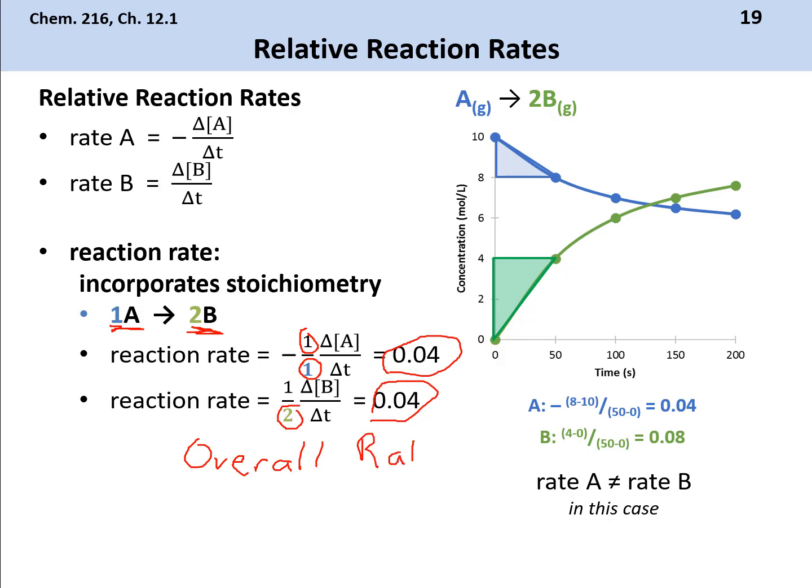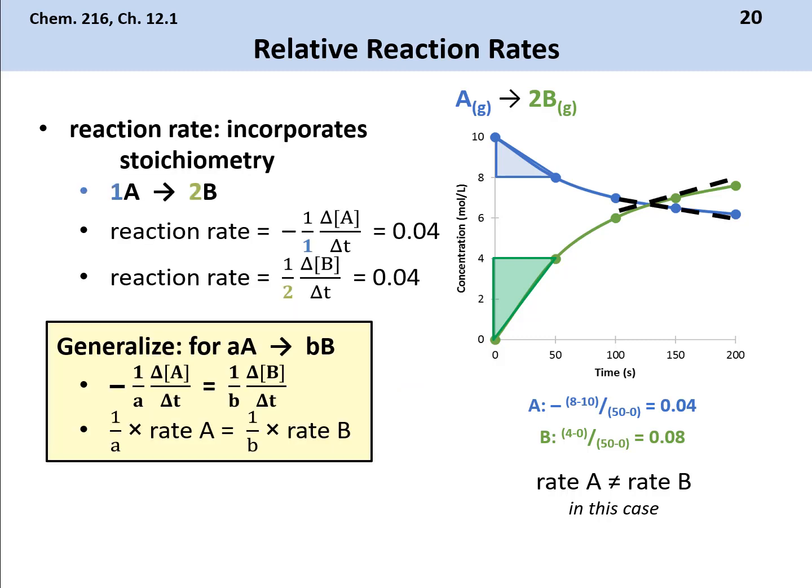Now I can generalize this by saying that for any reaction where it's A, where the small a stands for the coefficient, going to B, where the small b stands for the coefficient, in this case it would be 2.